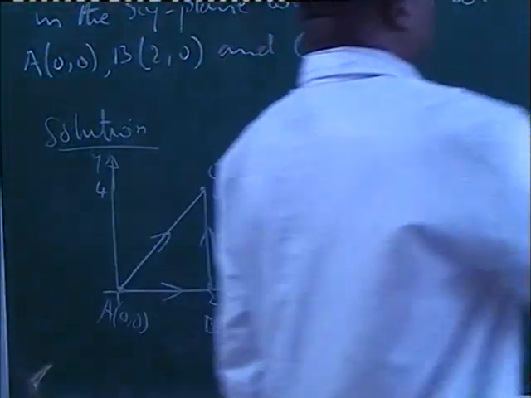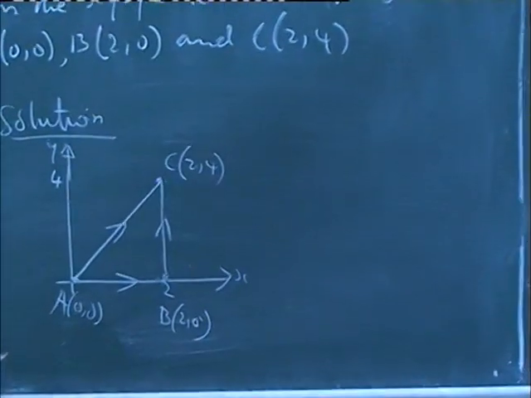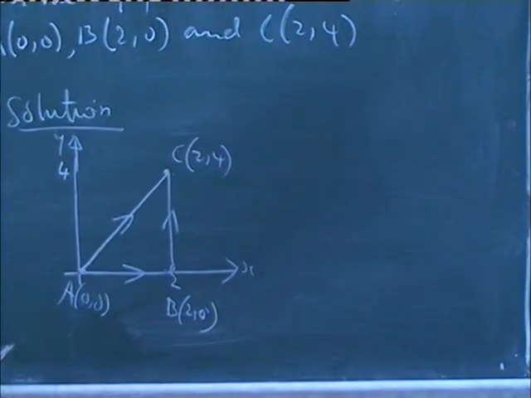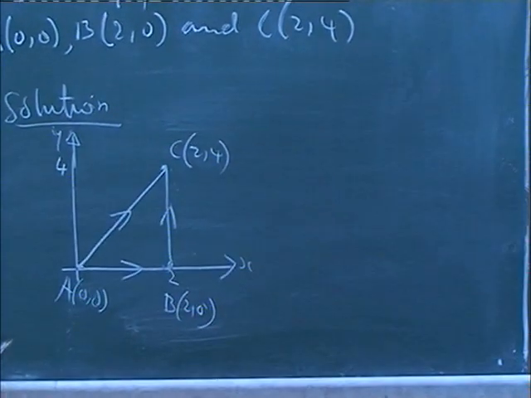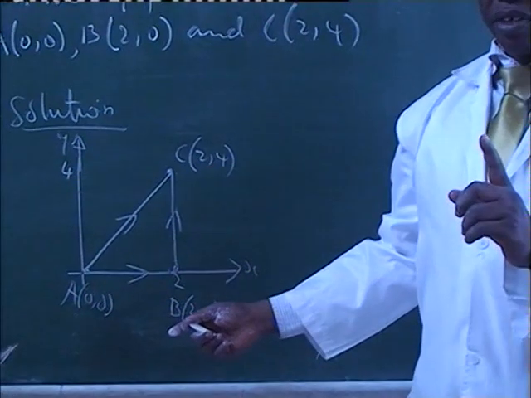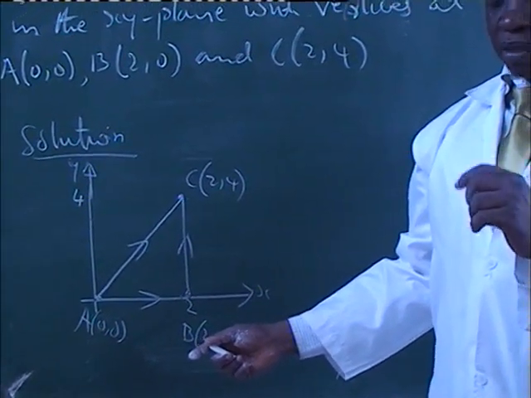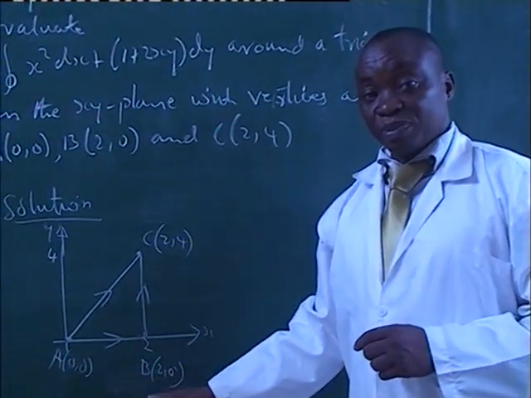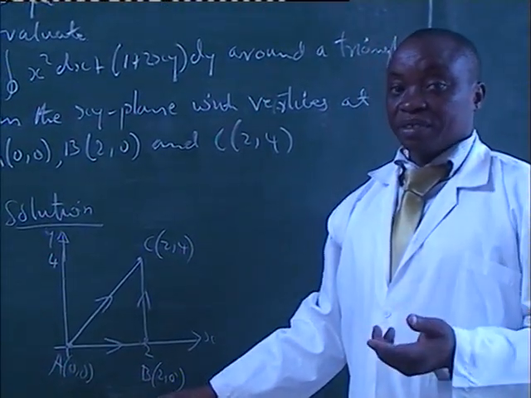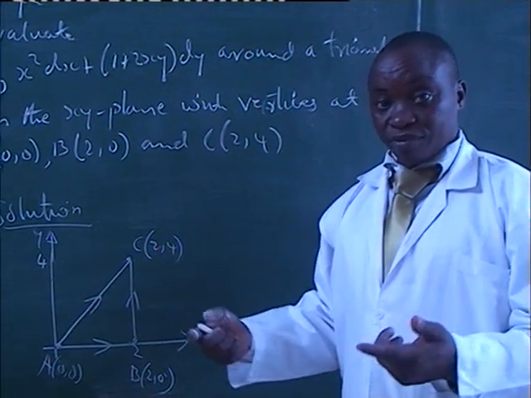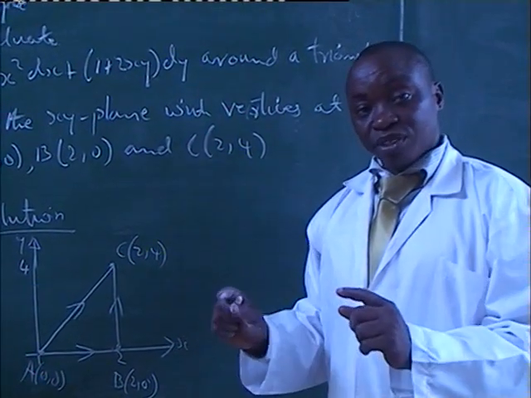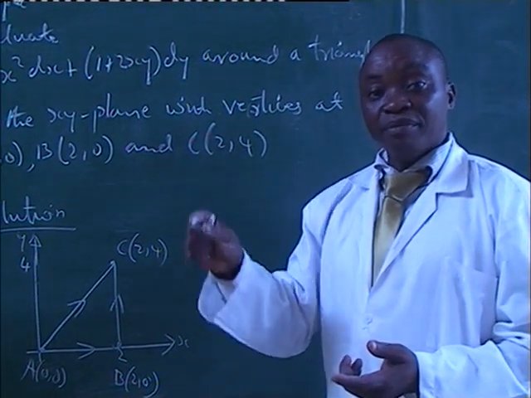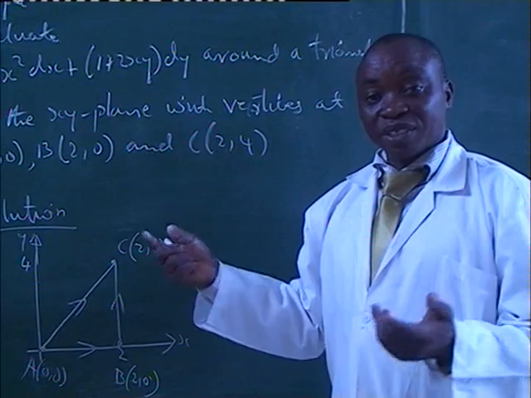So along AB, y equals 0. How? If you recall from coordinate geometry, if I have 2 points like this and I want to bring out the equation of the line through the 2 points, the formula we used is y minus y1 equals m times x minus x1.